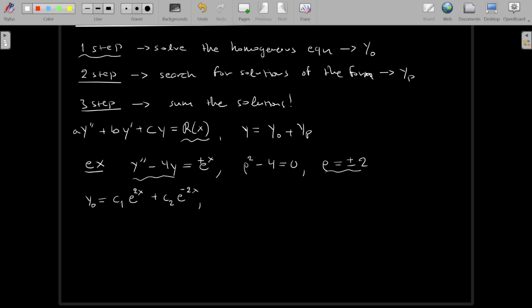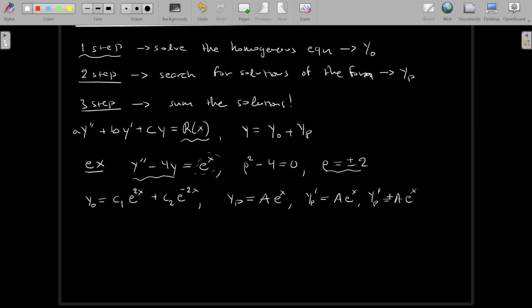Now, we have an exponential of x, so we're going to search for a solution yp equals a times e to the x, where a is a constant, meaning that yp prime is the same, and yp double prime is also the same.